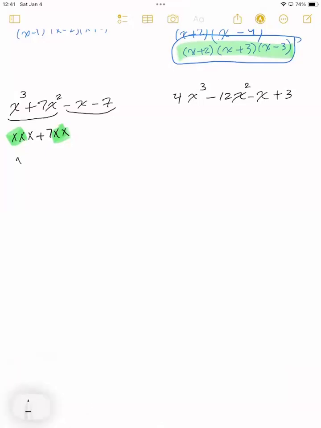So I have x to the power 2 as the greatest common factor. x times x is x to the power 2. The leftover is x, and the leftover from the second term is 7. Then I look for the greatest common factor between these two. Do you see the leading term between these two is -1? So I can write it as -1 times x, and I can write this as -1 times 7.